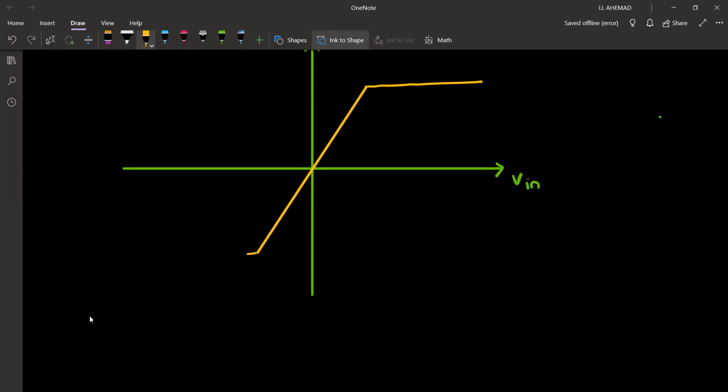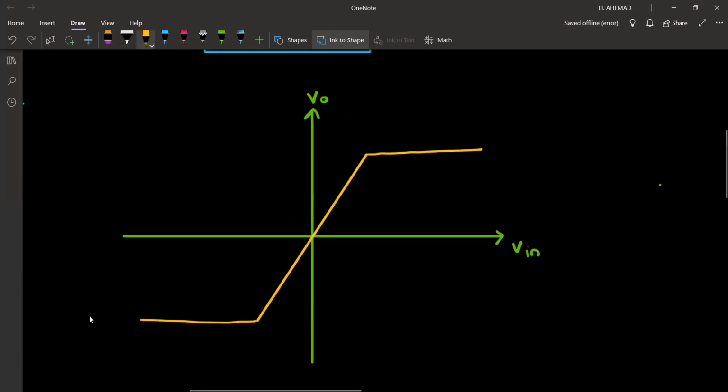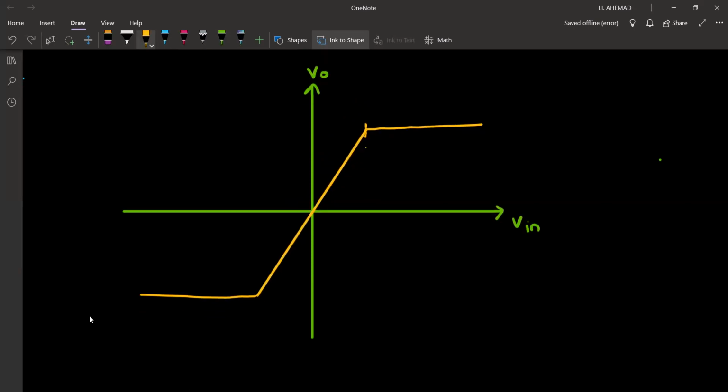So if you provide an input within this region, only then it gets amplified. Otherwise, you will get a constant value.